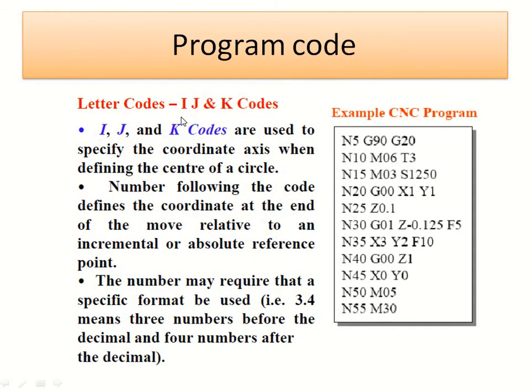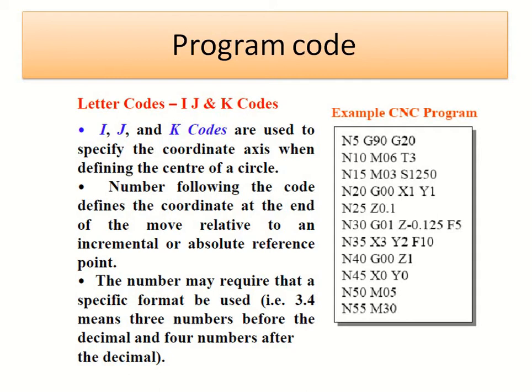Program codes, that is the IJK codes we can use. First, the I, J and K codes are used to specify the coordinate axis when defining the center of a circle, and the number following the code defines the coordinate at the end of the move relative to an incremental and absolute reference point.